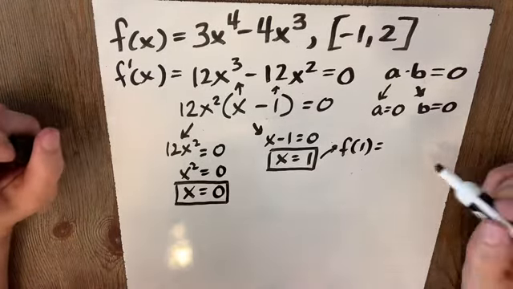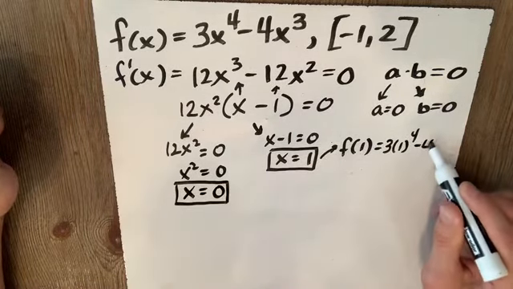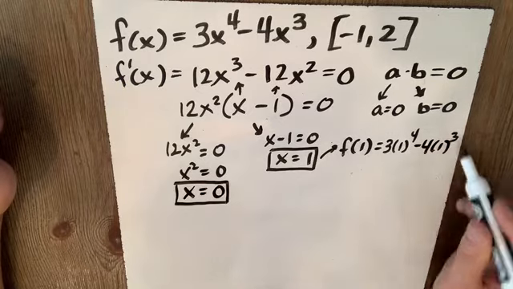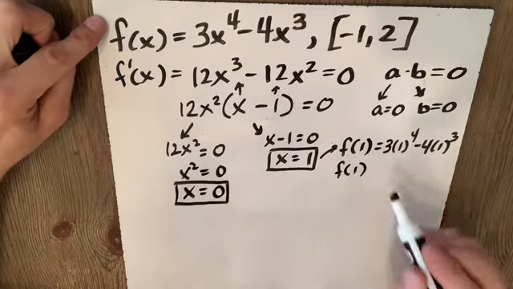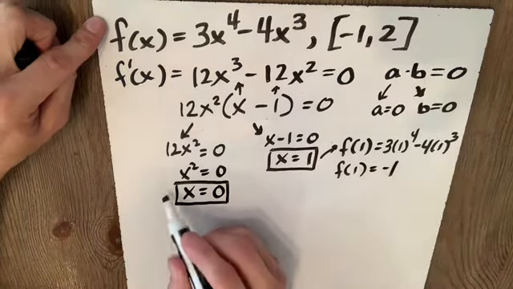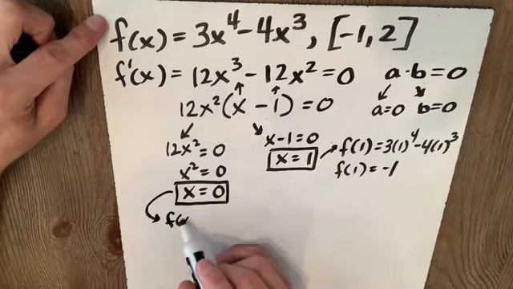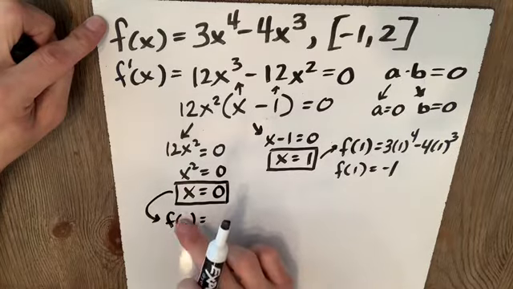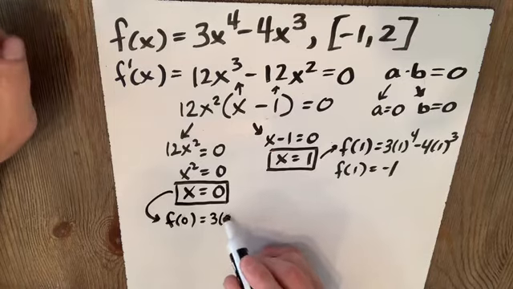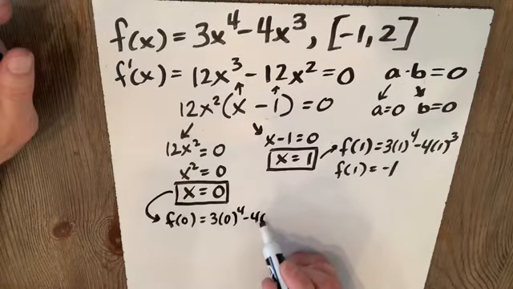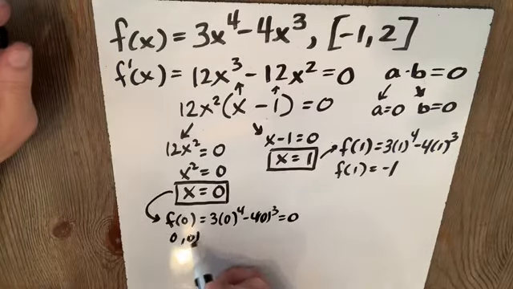When I plug that in, 3 times 1 to the 4th minus 4 times 1 to the 3rd, the function value at 1, going back to my original equation, is negative 1. When I find my function value, I'm going back to the original equation. If you want the y, go to the y equation. F of 0, I put in a 0 for my x, is 3 times 0 to the 4th minus 4 times 0 to the 3rd, which gives us 0. So I get this point 0, 0.